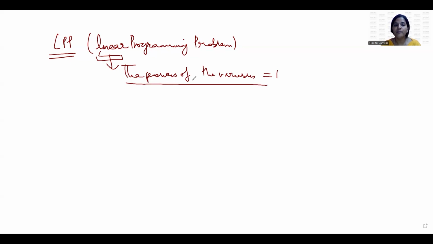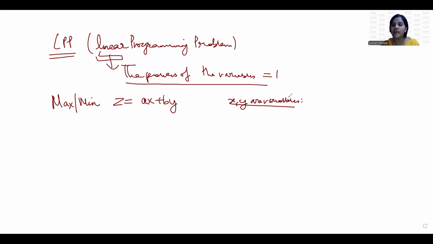Okay. So, basically, what will be the structure of the linear programming problem? You will have to maximize or minimize an expression of the type ax plus by. I call it z, where x, y are variables. And since you are economics students, mostly x and y are the number of units of some quantity produced.